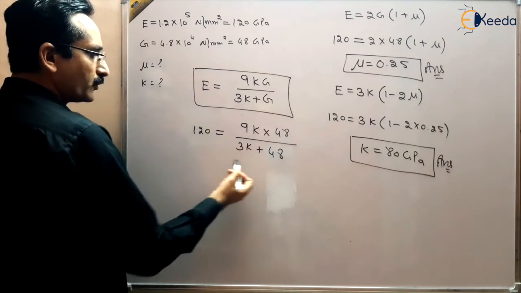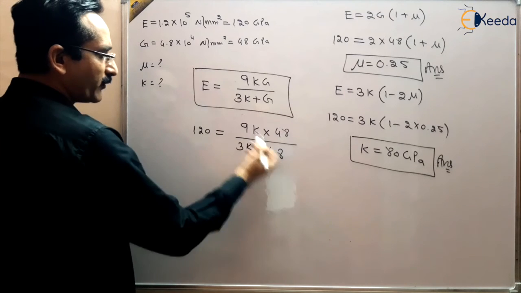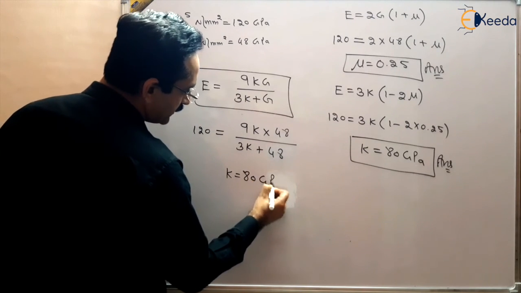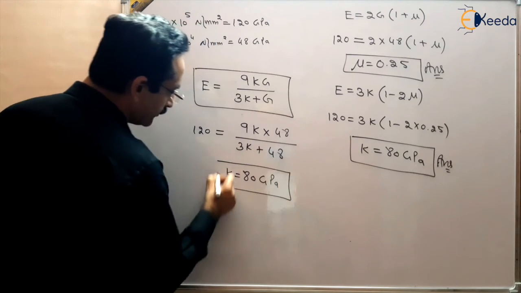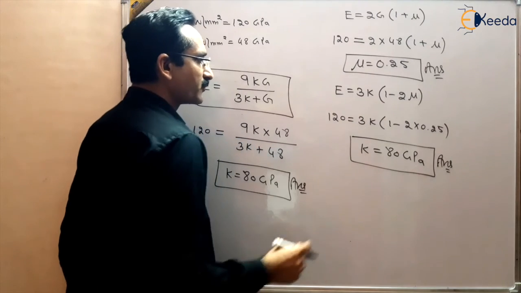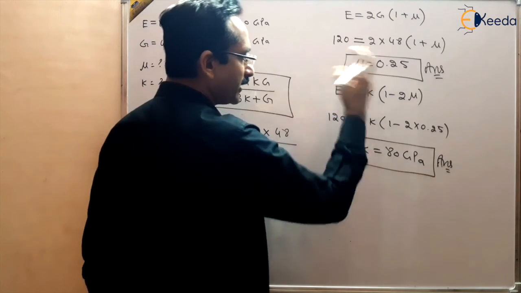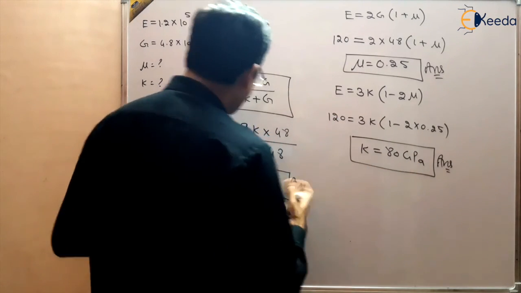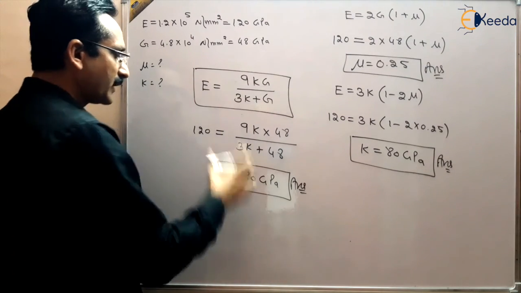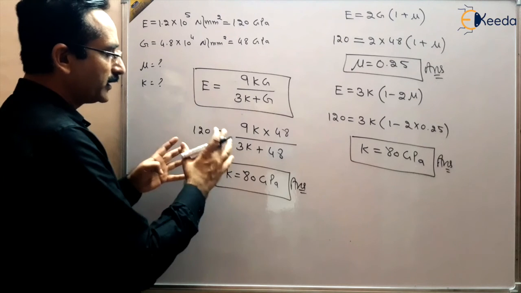One equation, one unknown, K is unknown here, easily found, and you will get the value of K as 80 gigapascal. Again you find the same value of K, right? So either you first find mu and then K, or you can directly find K from the relation between E, G and K, which we derived in our theory session.